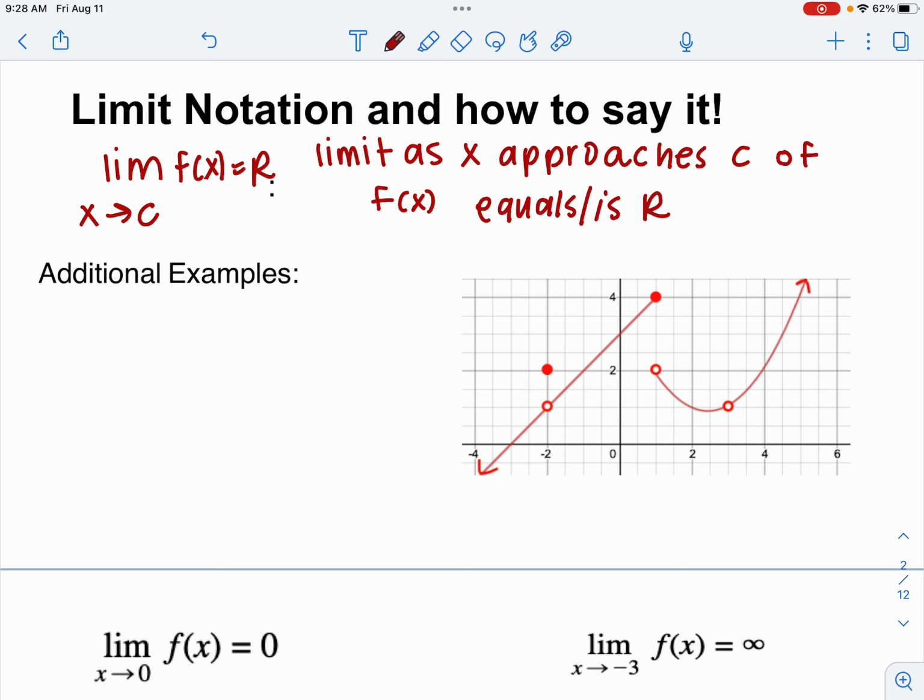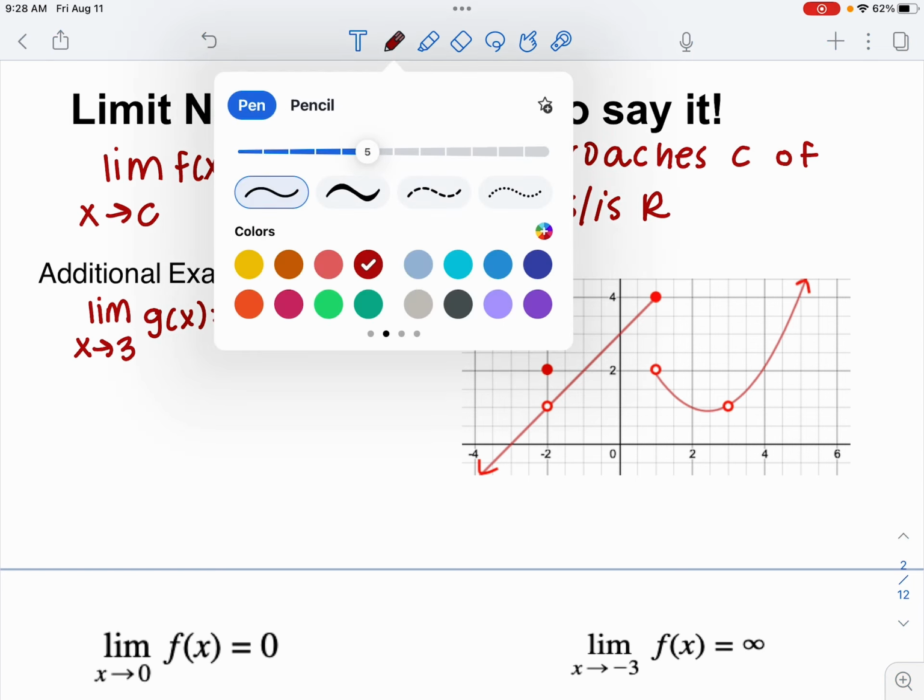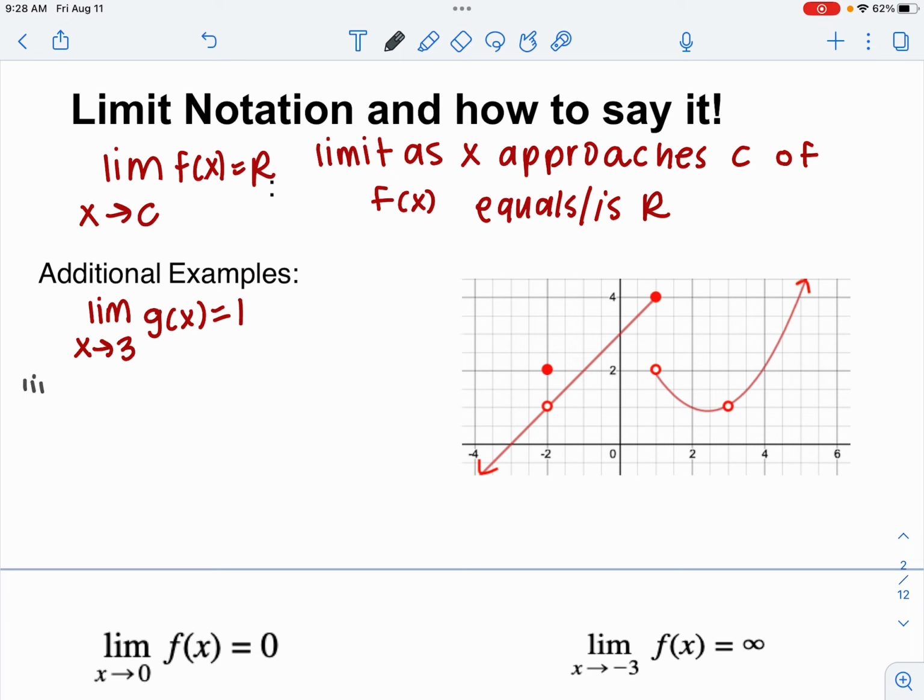And so here are some examples. First, we have the limit as x approaches 3 of g of x, and we are told that that equals 1. If you want to practice writing that out, you're welcome to. The limit as x approaches 3 of g of x is 1.